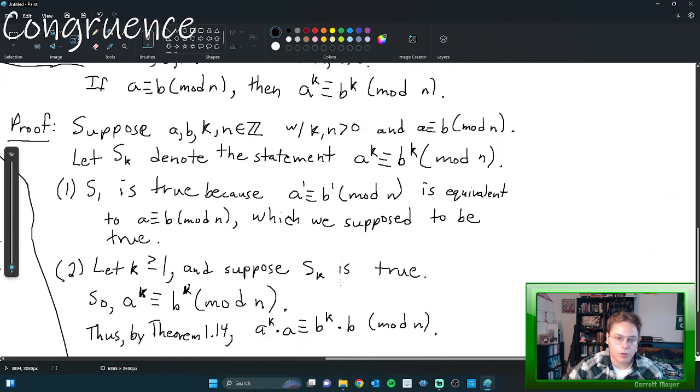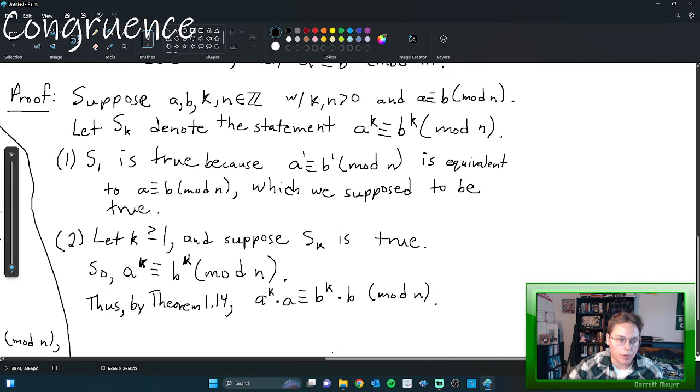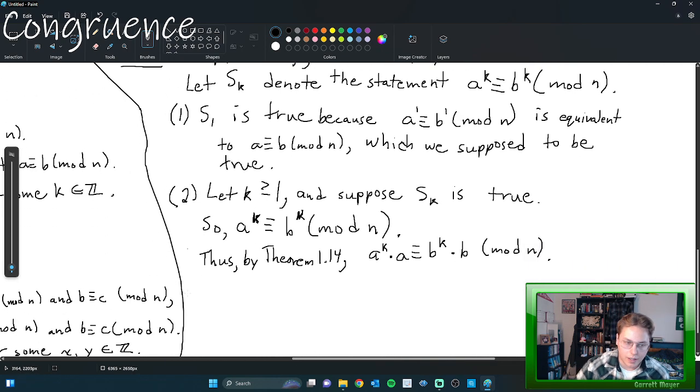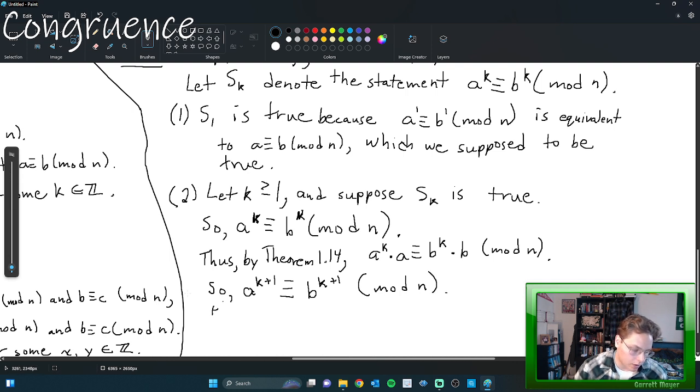So going back to our current proof that we're working on, we know by theorem 1.14 that A to the K times A is congruent to B to the K times B mod N. And this means that A to the K plus 1, because A to the K times A is equal to A to the K plus 1, is congruent to B to the K plus 1 mod N. And just to kind of spell out this logic a little bit more, hence SK implies SK plus 1.